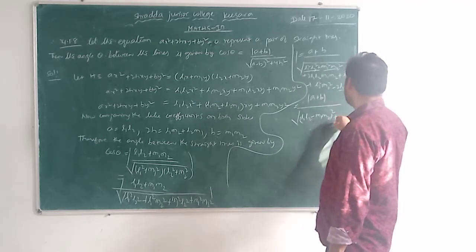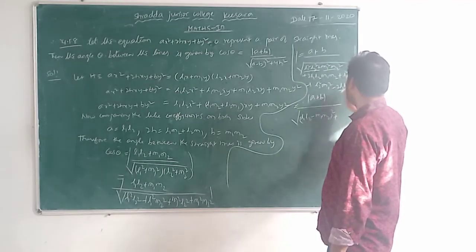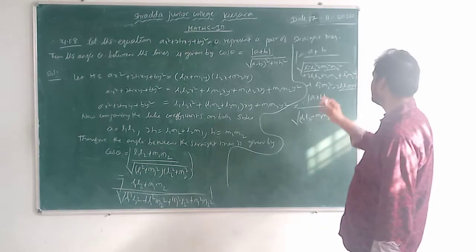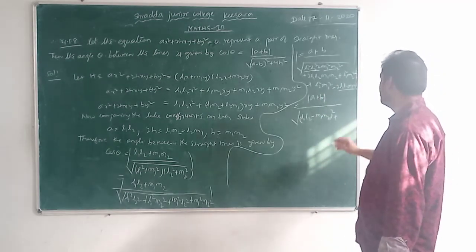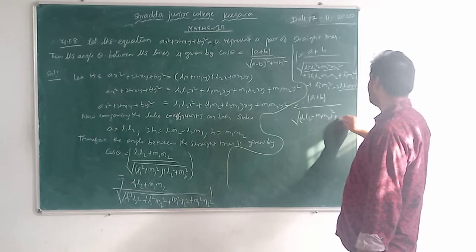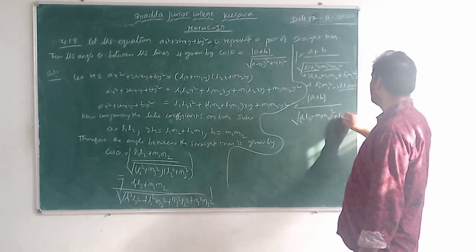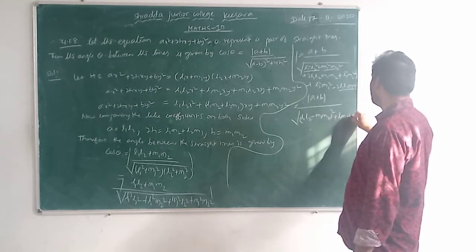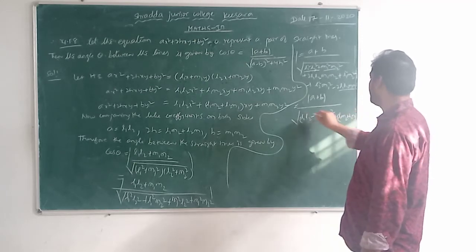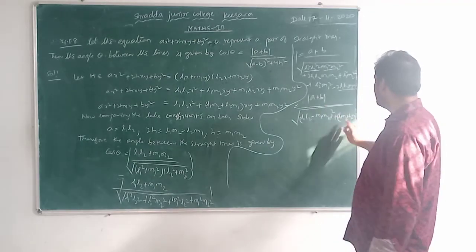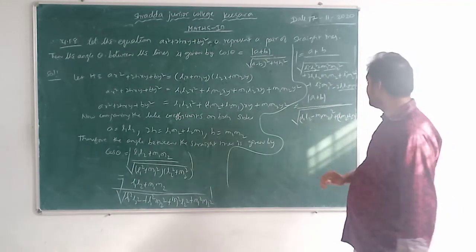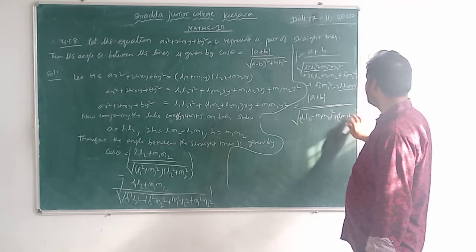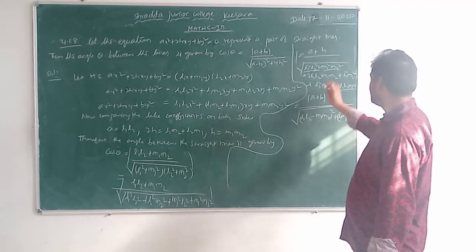What is remaining here? L1 square m2 square plus L2 square m1 square. Now this is in which form, that is how we can write, L1 m2 plus L2 m1 whole square. This is in which form? a plus b whole square form, means a square plus b square plus 2ab.